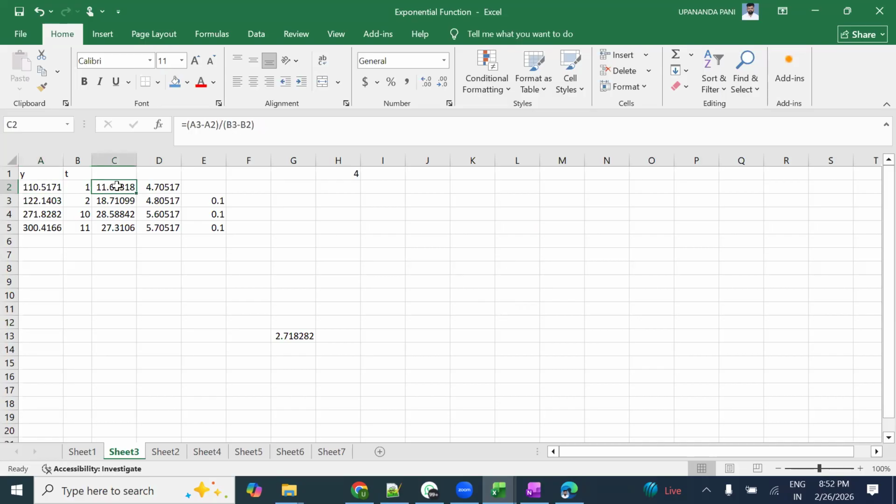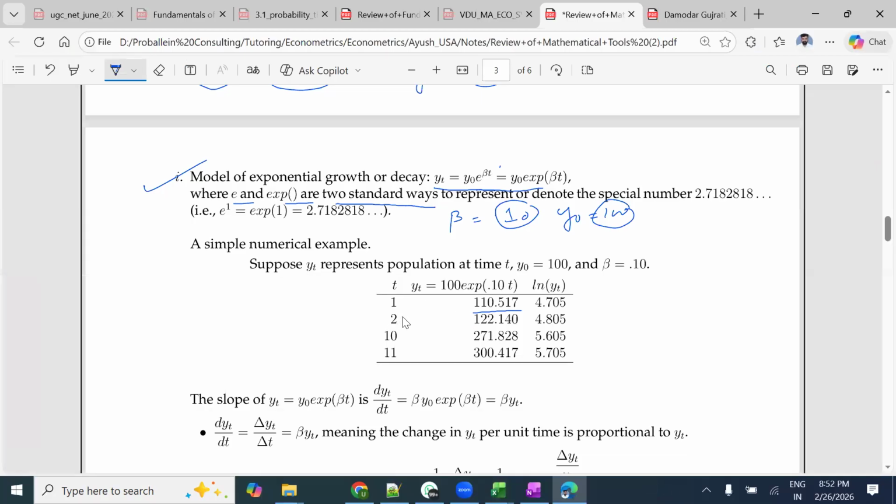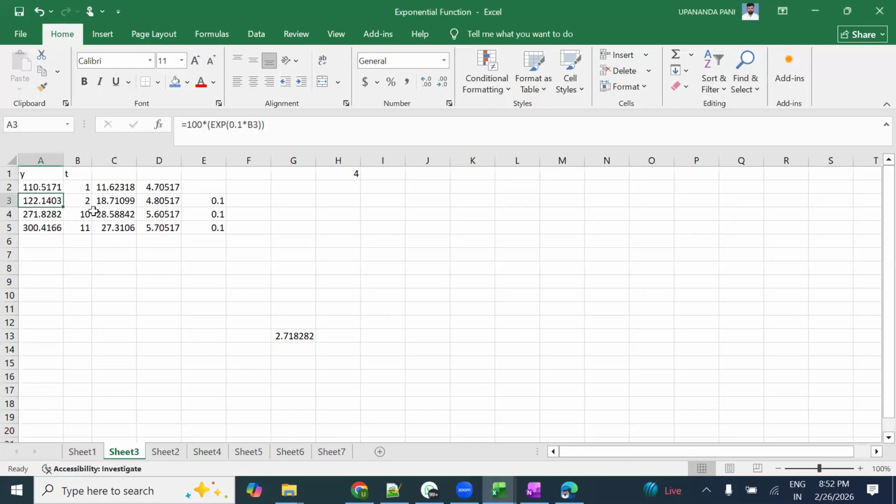Yes, sir. Now, let's say I want to find out the rate of change. In a similar way I will go to the next value, when my t is equal to 2. You just see how much I am getting: 122.140. Isn't it, ma'am? Are you trying it, Bhakti ma'am, or will you try it after the class?